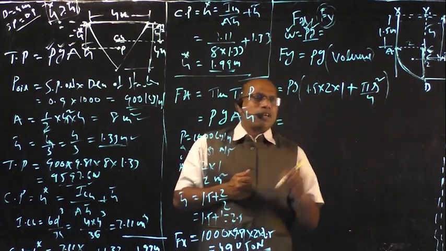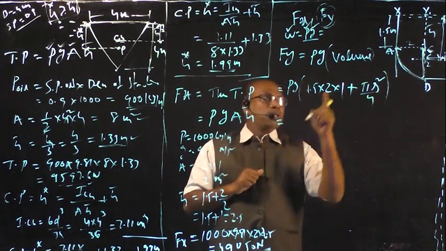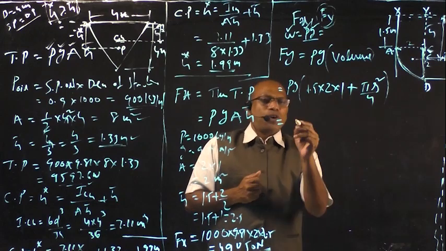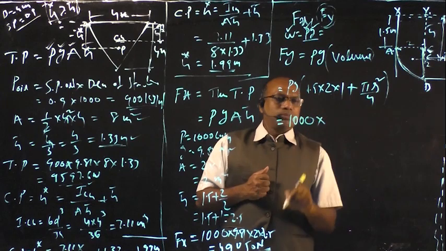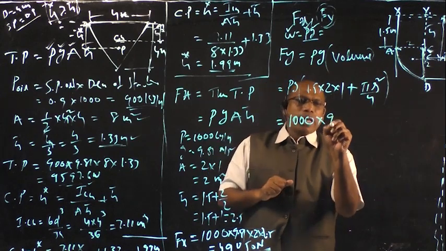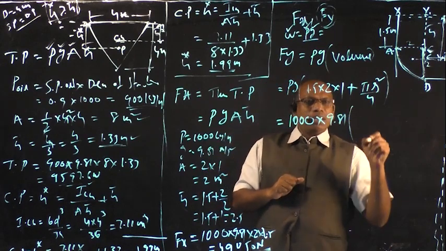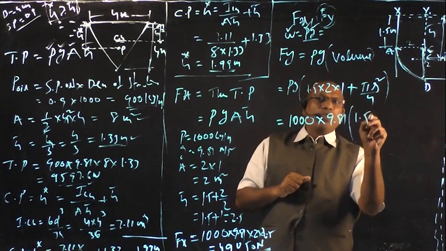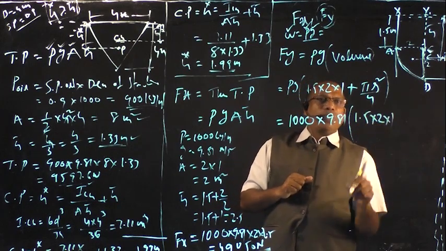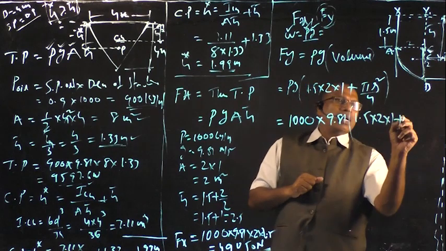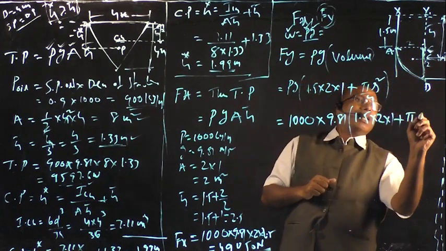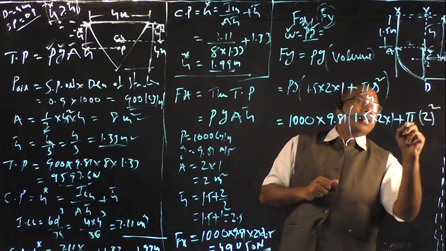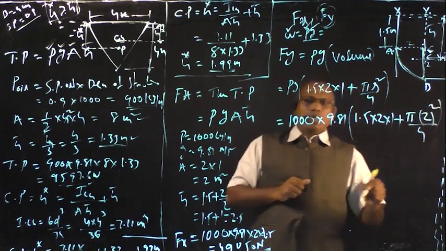Rho is the liquid mass density of water, that is equal to 1000 kg per meter cube, into g value 9.81, into 1.5 into 2 into 1 plus pi. What is the radius? Radius is given, that is 2 square divided by 4.